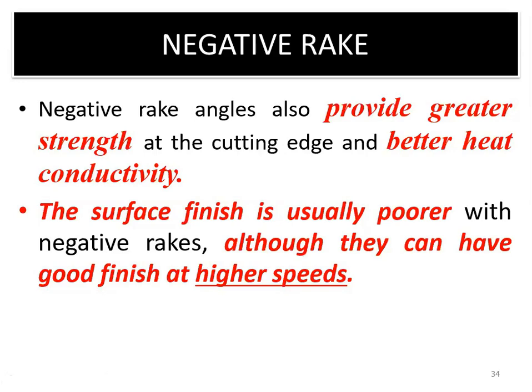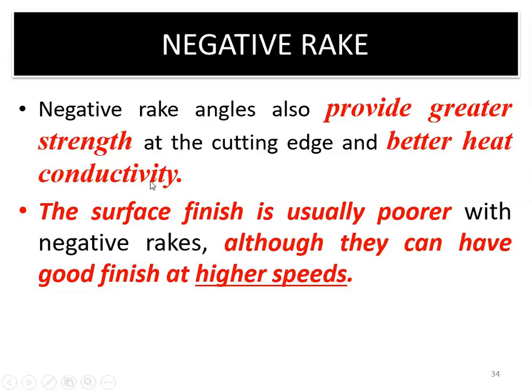Negative rake angles don't give us good surface finish, but in one case they can. If we work with negative rake angle at higher speeds, because at higher speeds somewhat rubbing will be there, we will obtain continuous cutting, not intermittent, and that will give us good surface finish.